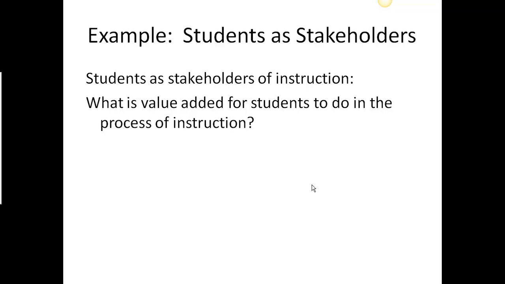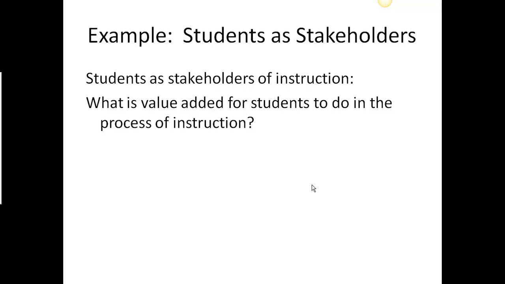If we were to take a look at a student as a stakeholder of instruction, what we would want to do is take a look at the instruction that's being delivered in a classroom and begin to step into the shoes of that stakeholder.